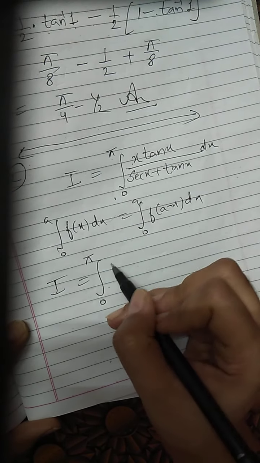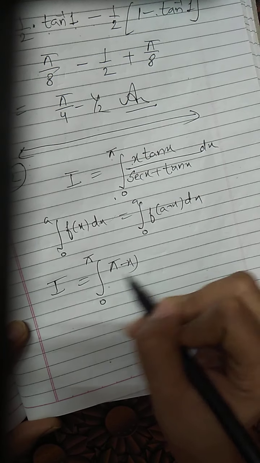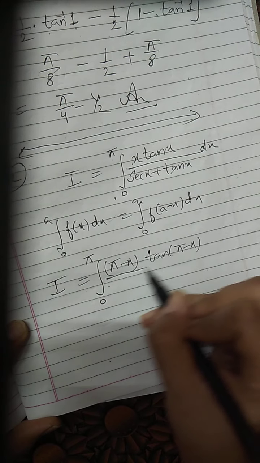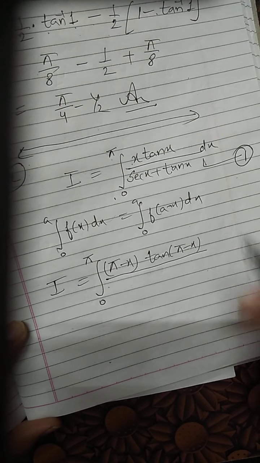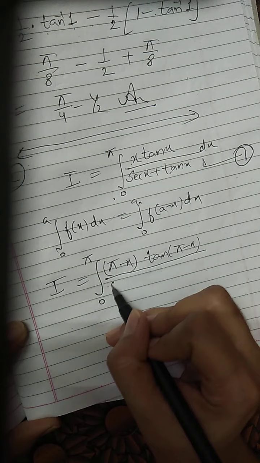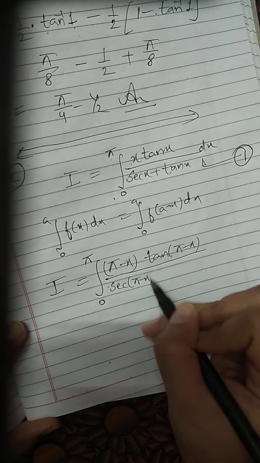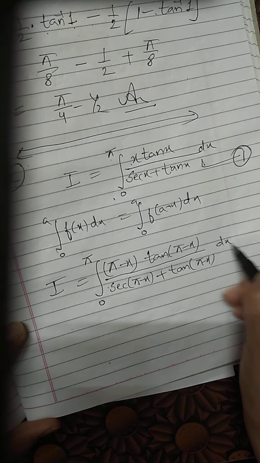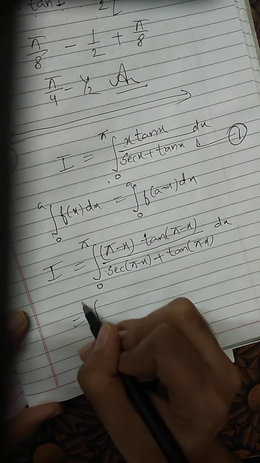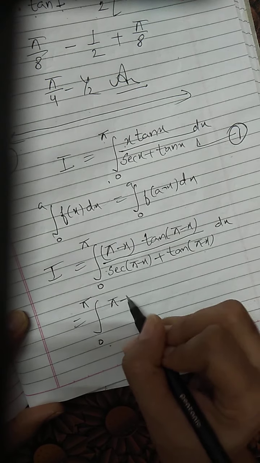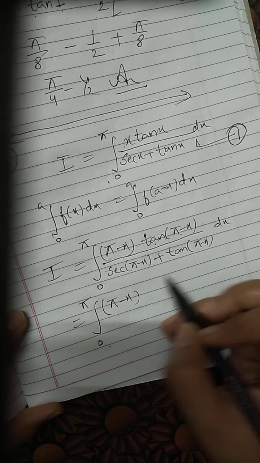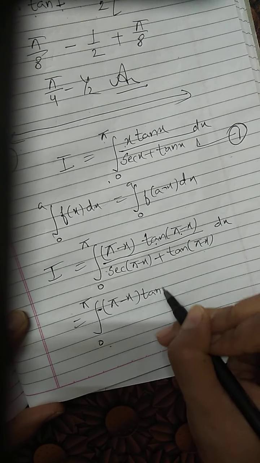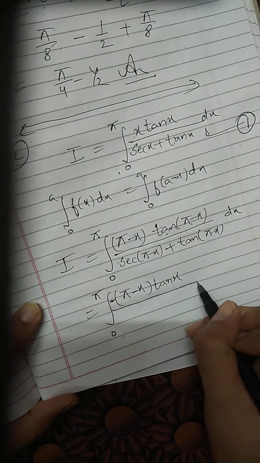In place of x, what we will get here, pi minus x into tan of pi minus x divided by, let us mark the given integral as I, secant of pi minus x plus tan of pi minus x dx. So this will be 0 to pi, pi minus x. Tan of pi minus x will be minus tan x, so this minus sign I have written before this term.